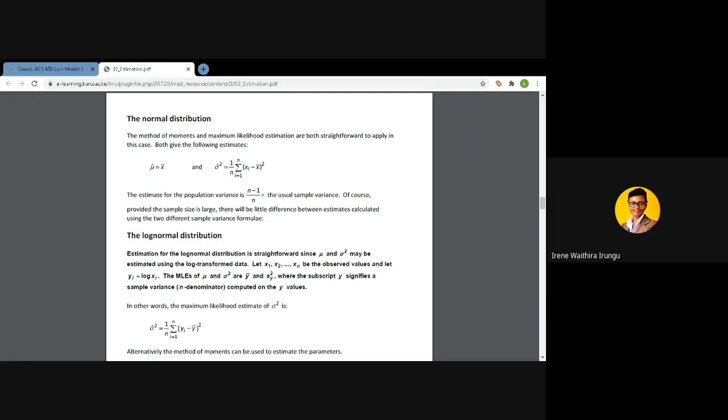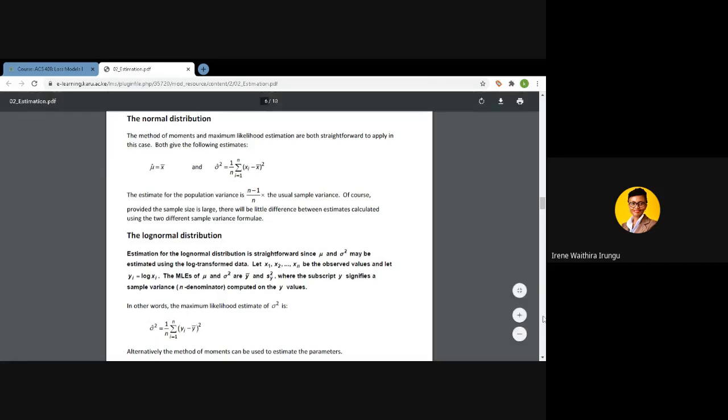So in that case your mu would be equivalent to your sample mean and your sigma squared will be equivalent to your sample variance. And of course, you can obtain this from the corresponding moments.